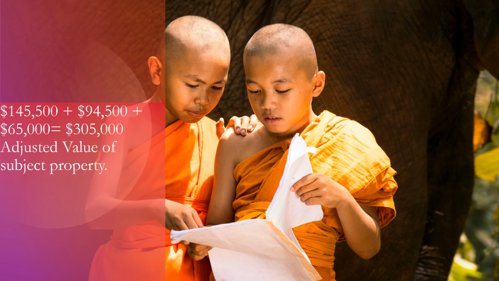We then total the three values together. So we take $145,500 and add $94,500 plus the $65,000 to equal a total of $305,000, which is our adjusted value of the subject property.